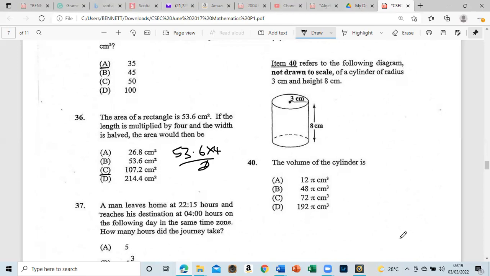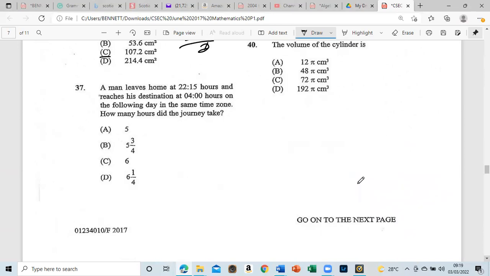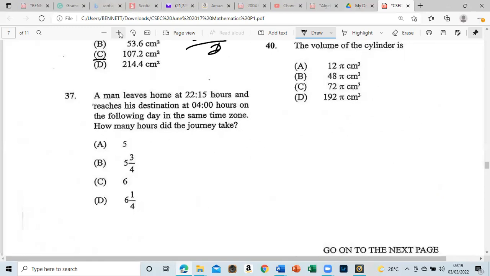Alright, a man leaves home at, let's pull up down here because I want to see the pictures. A man leaves home at 22:15 hours and reaches his destination at 04:00 hours on the following day in the same time zone. How many hours did the journey take? Okay, it's very easy. So this is 22 that we want. 22 from 12, so that's 10.